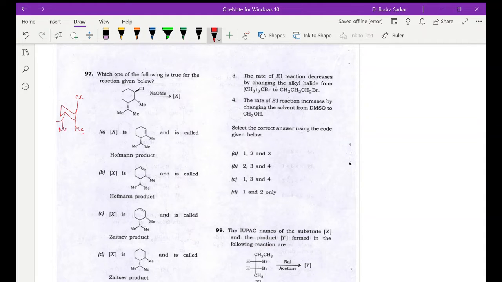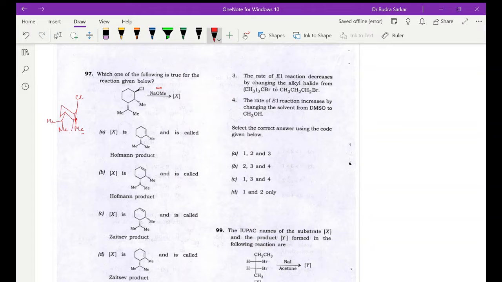Now we are treating this with OMe. So elimination from this carbon cannot take place, because for that anti positioning of the hydrogen is required.